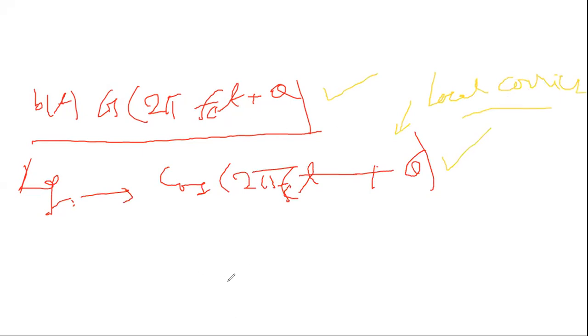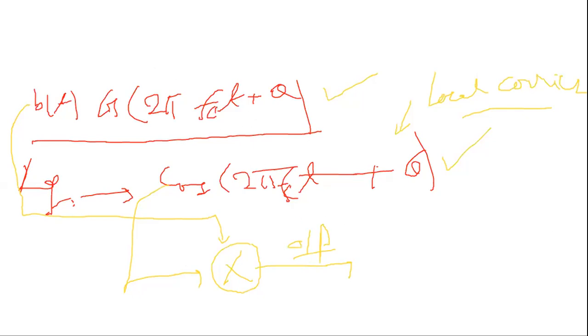Now these two signals pass through a product modulator, or balance modulator, or a multiplier. At the output we get the product of these two. Clear?